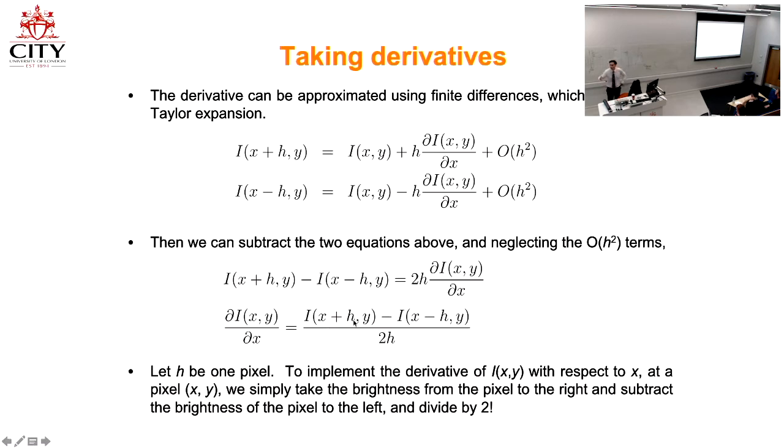I have a pixel here. I get the value to the right, I get the value to the left. 40 minus 30 is 10, divided by 2 is 5. Nah, I don't see a big difference here, so this is not an edge. But if I have here the value to the right, 20 minus 100 is minus 80, over 2 is minus 40. It's more likely to have an edge here, right?